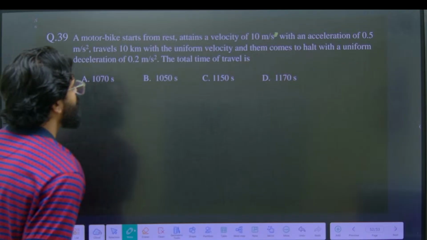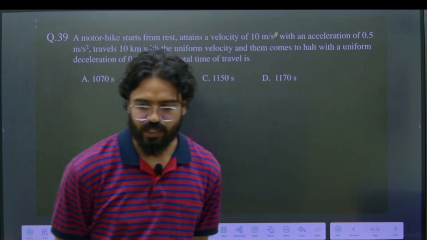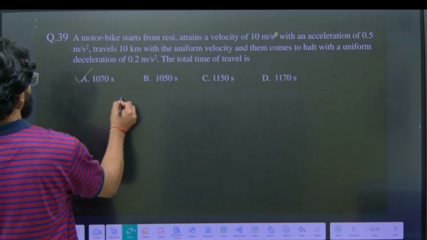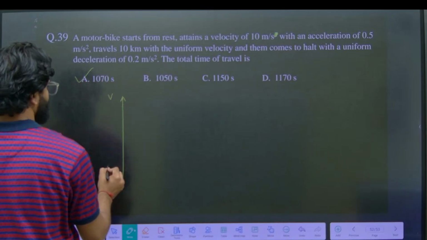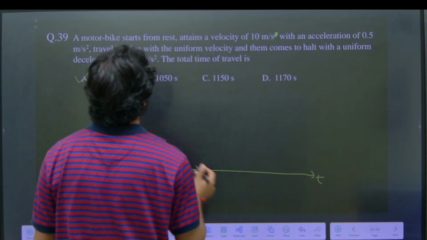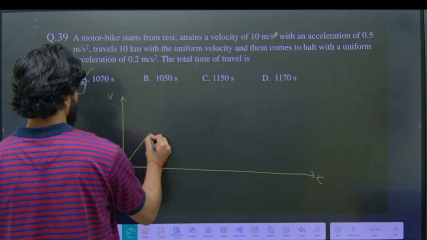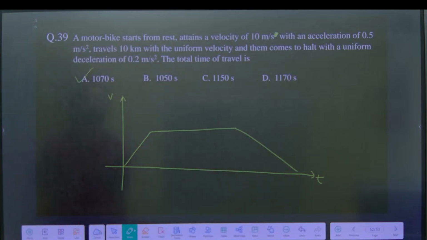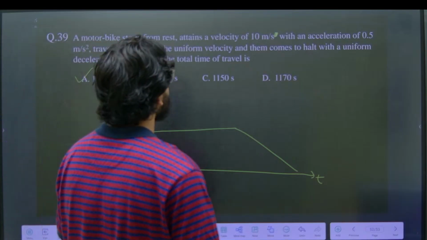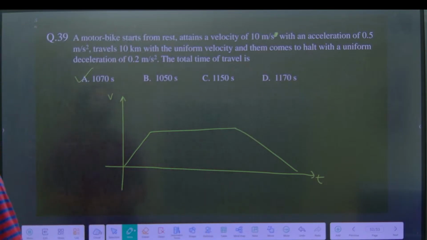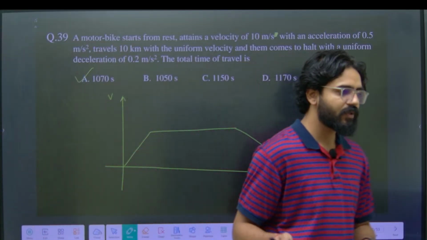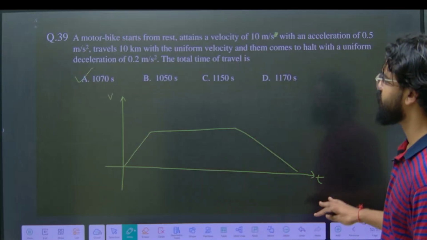You can also attempt this question, and the answer for this is A. Like a simple v-t graph. So you can attempt it and check it. It's a very easy question.